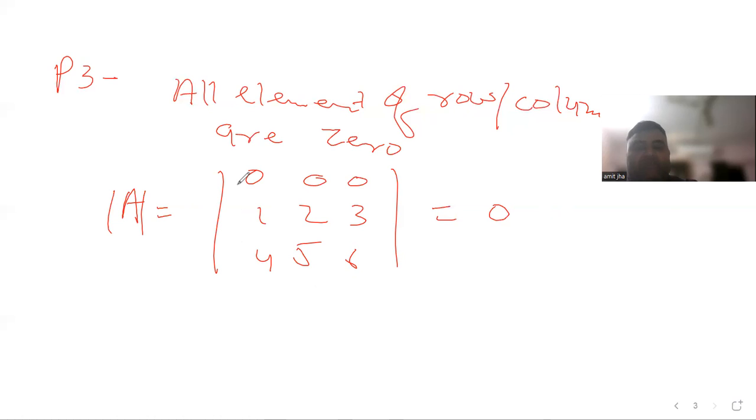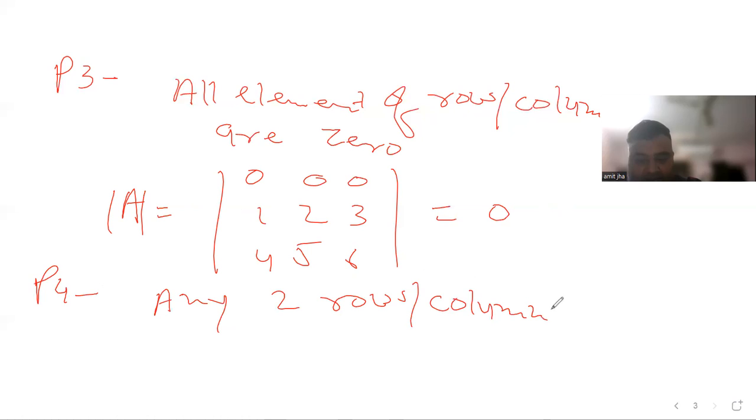Now I'm going to the fourth property, that is P4. If any two rows or columns are identical, then also your determinant will be 0.